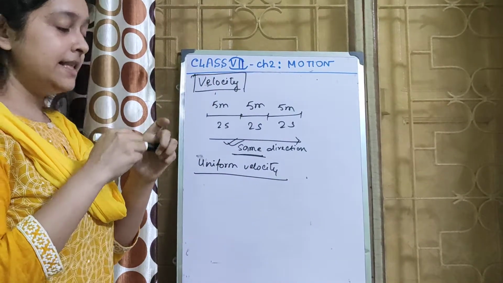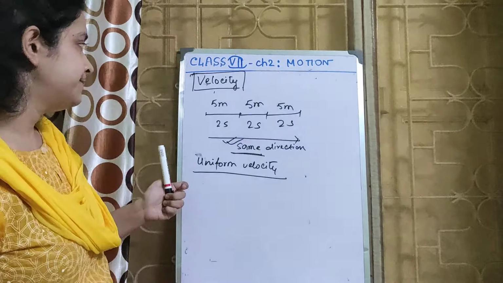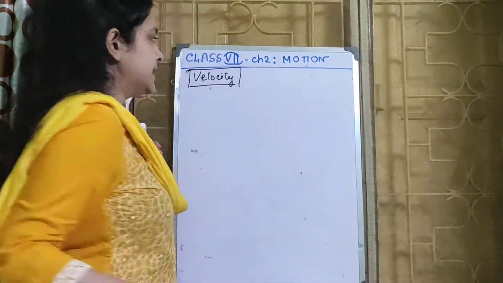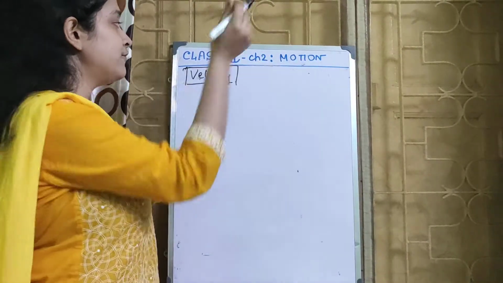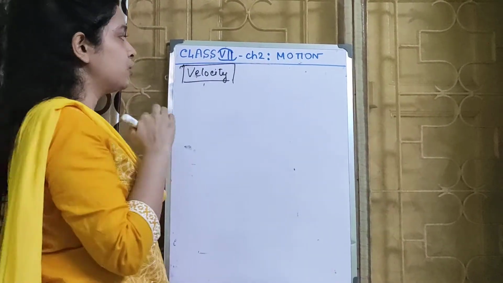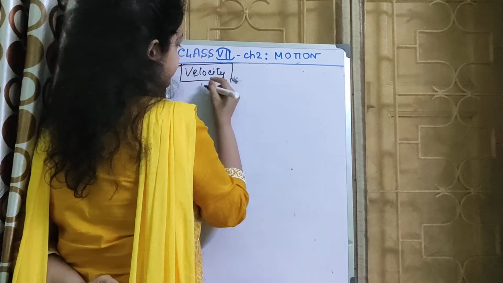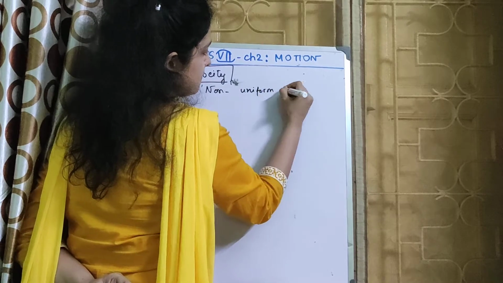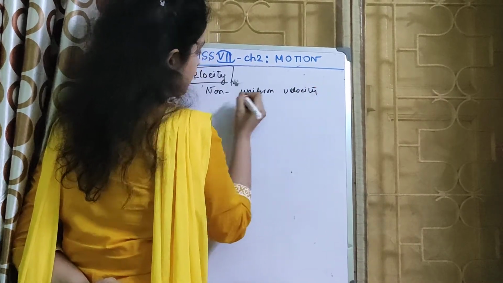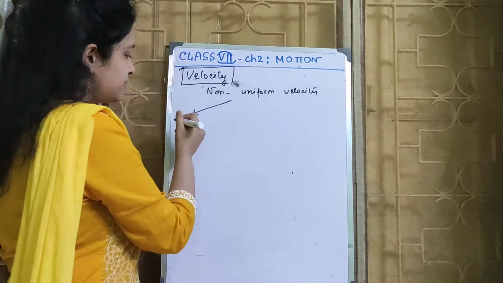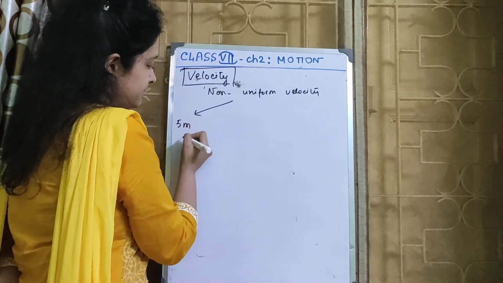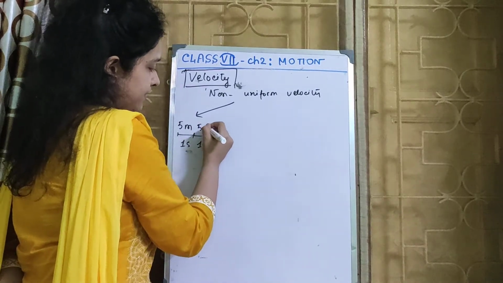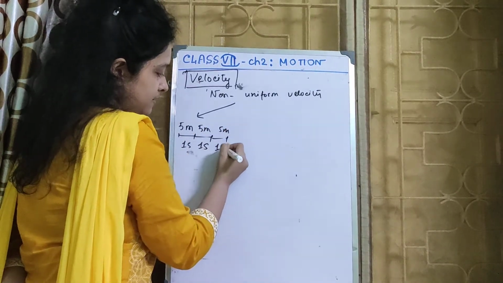Okay. Then what is non-uniform velocity? Suppose you have 3 cases of non-uniform velocity. Say you are traveling 5 meter in the first 1 second, again in the next interval 5 meter, again 5 meter.